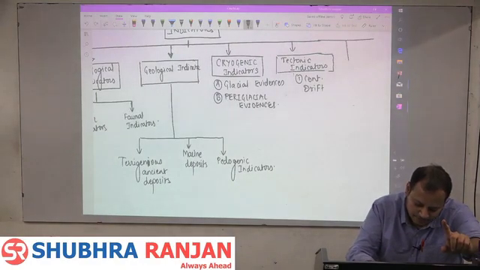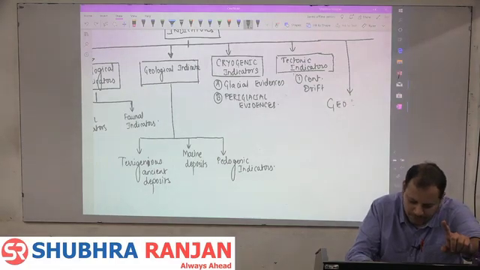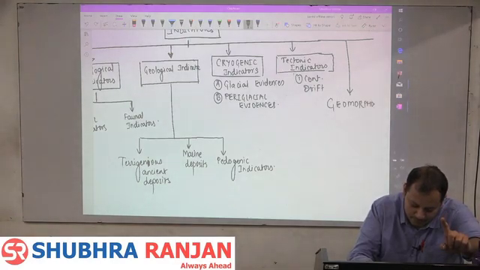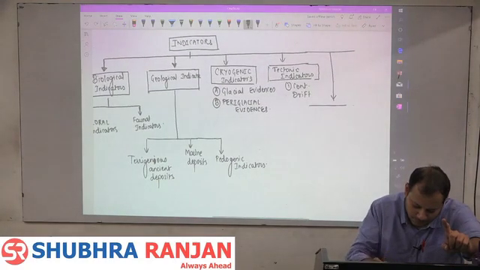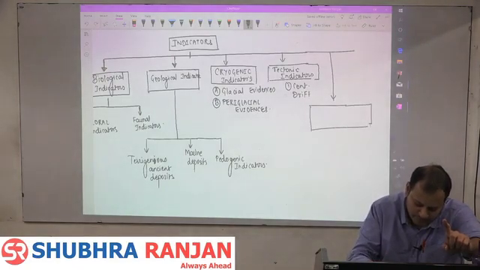Next are geomorphological indicators. It is very different from geological. Geomorphological indicators.